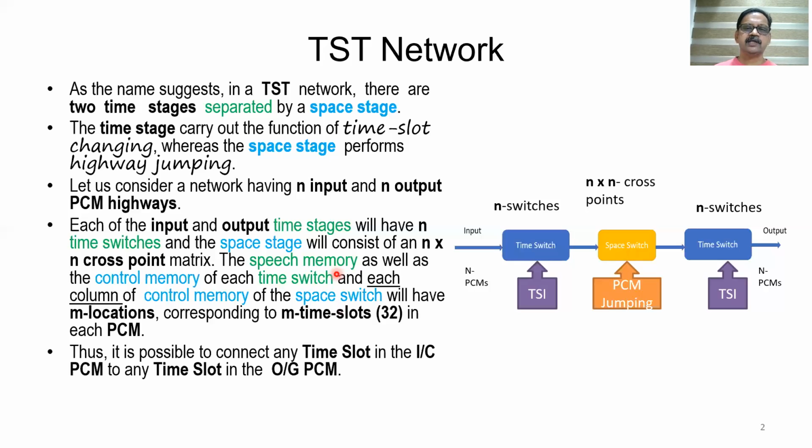The speech memory as well as the control memory of each time switch, and each column of control memory of the space switch, will have m locations corresponding to m time slots, 32 in each PCM. So a time switch will have both speech memory as well as control memory.